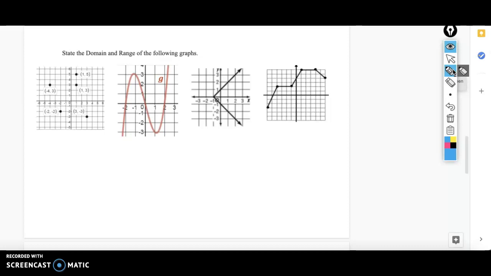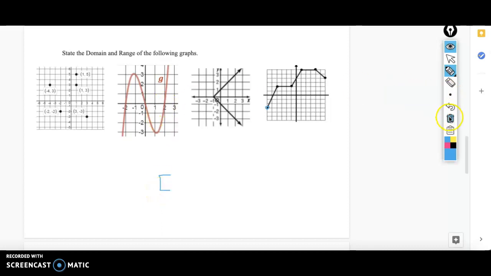So remember with domain and range, they're going to ask you to state the domain and range of the following graphs. Remember that you can do that in two ways. You can either use interval notation, which remember meaning the brackets, meaning that it doesn't include that. So if there's an open circle, so if this was an open circle instead of a dot, you would want to use a bracket.